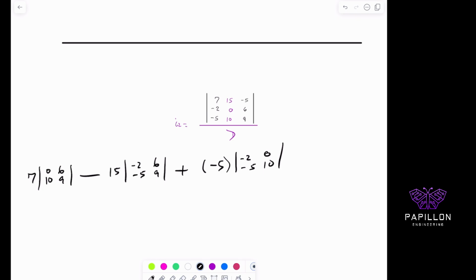Okay, so now we set up our form to solve for I2, right? And then just again, cross multiplication again. So let's see if I can do this relatively fast.